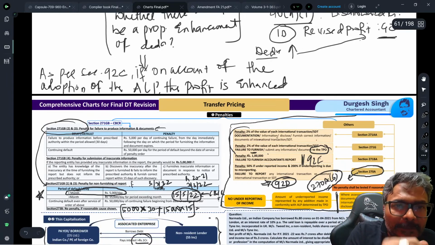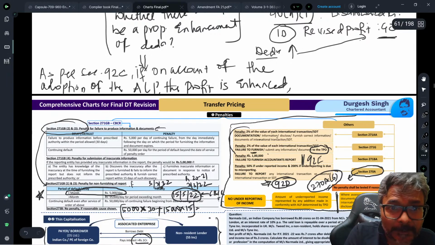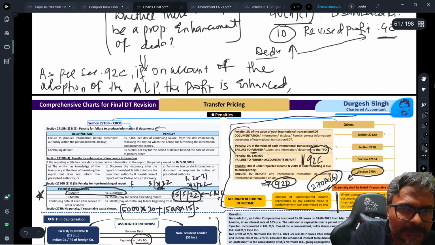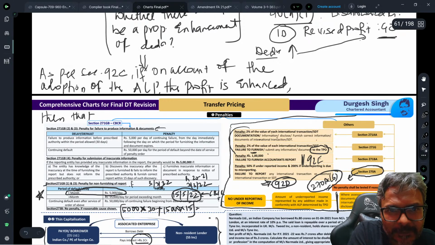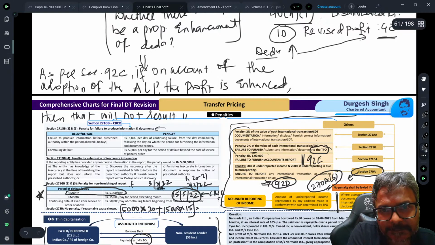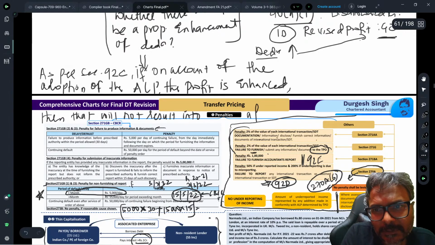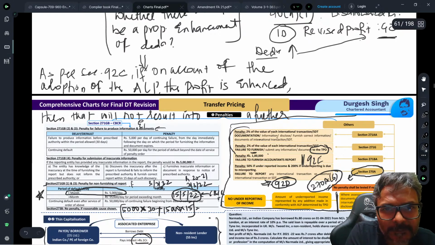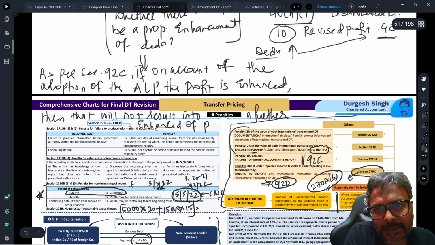if on account of ALP the profit is enhanced, then that will not result in a further enhancement of PLD.